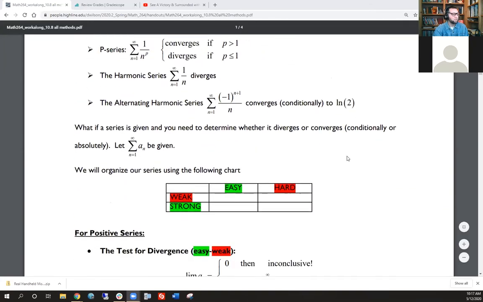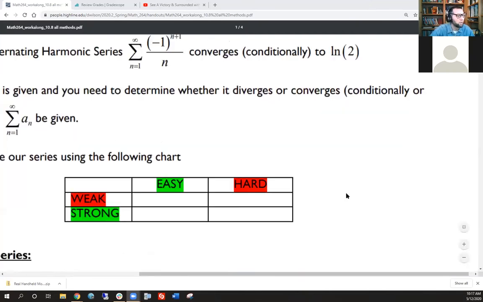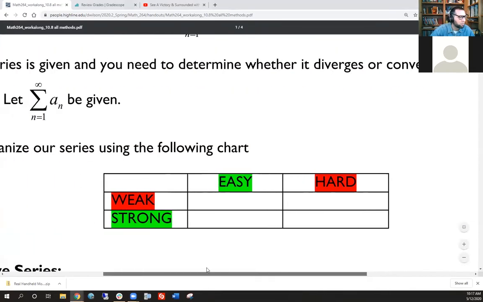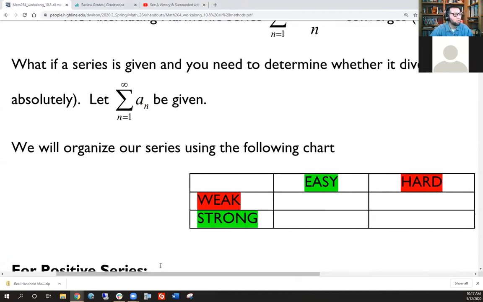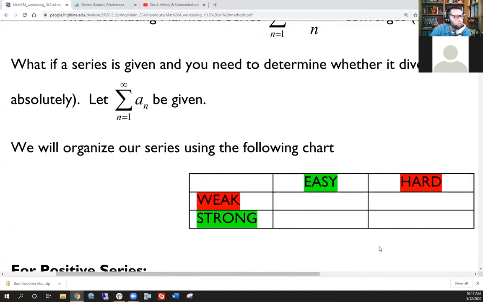All right. So I tried to make a chart to see if this would help you track what's going on. So I wanted to help you figure out what to do by classifying series in the following way. Are they generally speaking easy to apply or hard to apply? And are they weak?